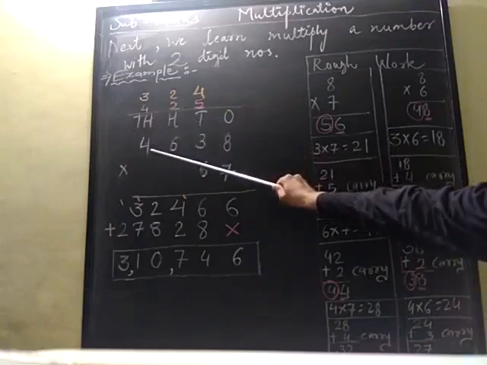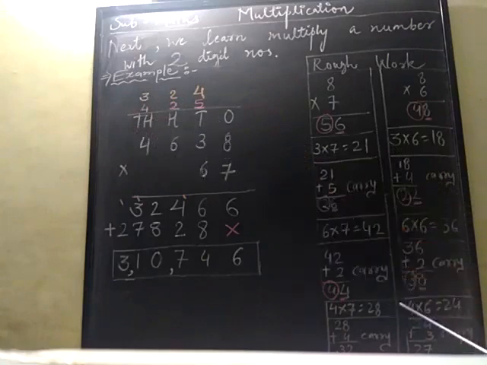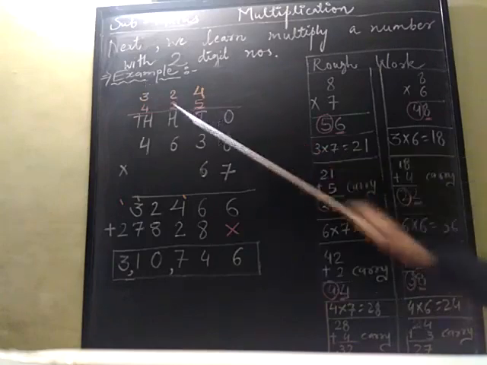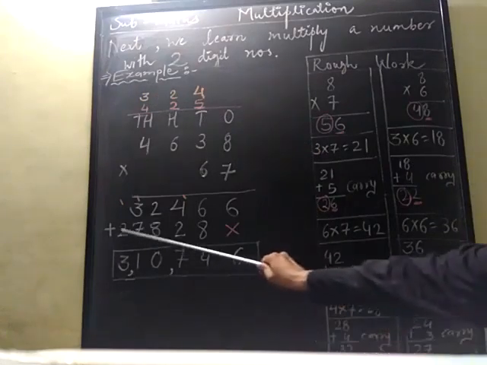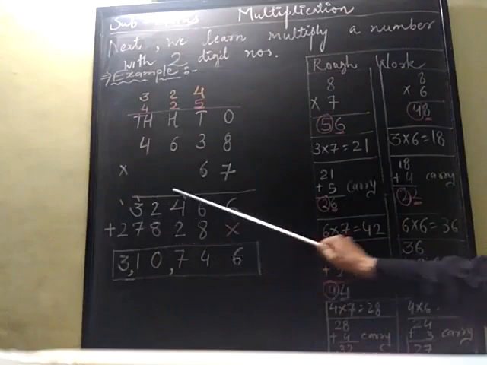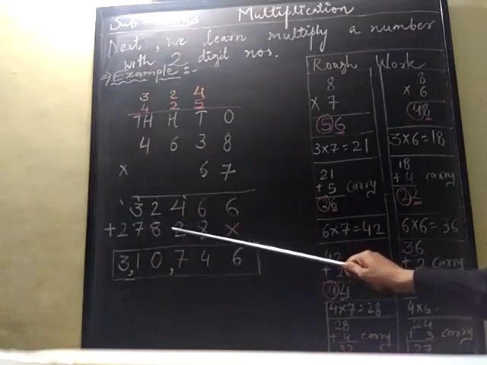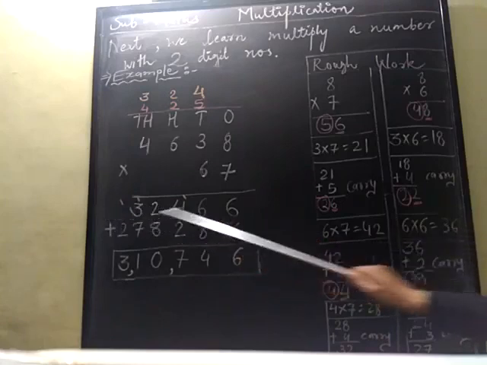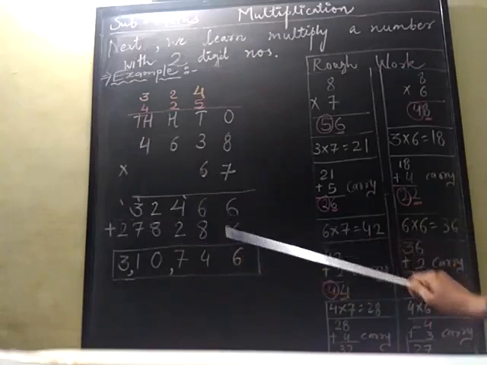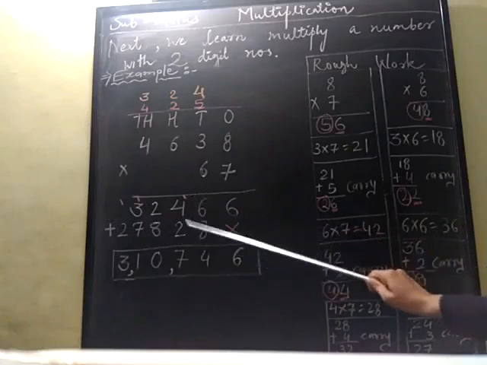Now multiply 4 with 6. 4 sixes are 24. 24 plus 3, this carry, is equal to 27. So we write here 27. And after these calculations, we keep a plus sign here. And after that, we start the addition of these numbers.